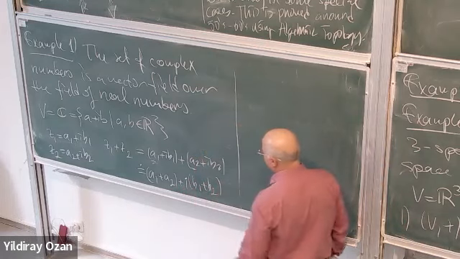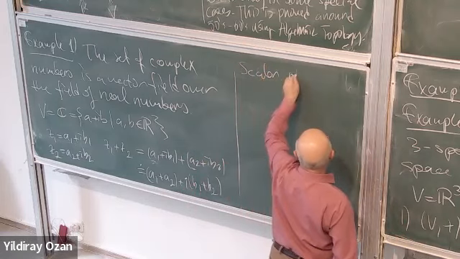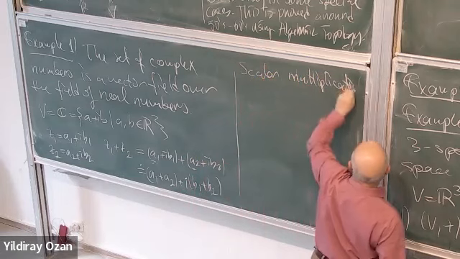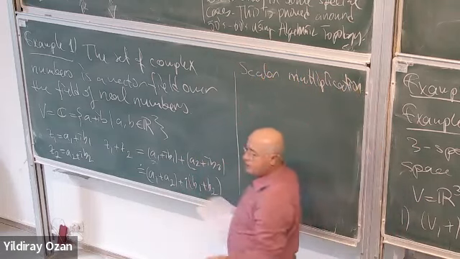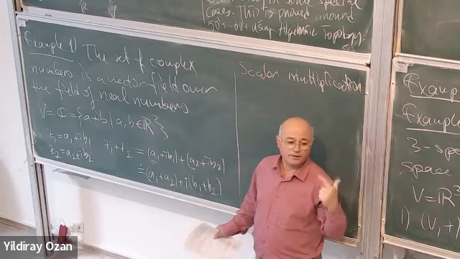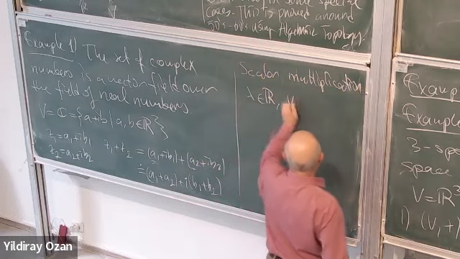What about scalar multiplication? Scalar multiplication of what? Of vectors with scalars. Vectors are complex numbers, scalars are real numbers. So I take the scalar and the vector.